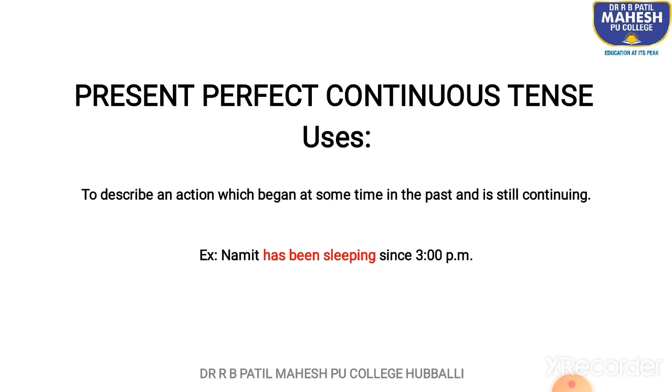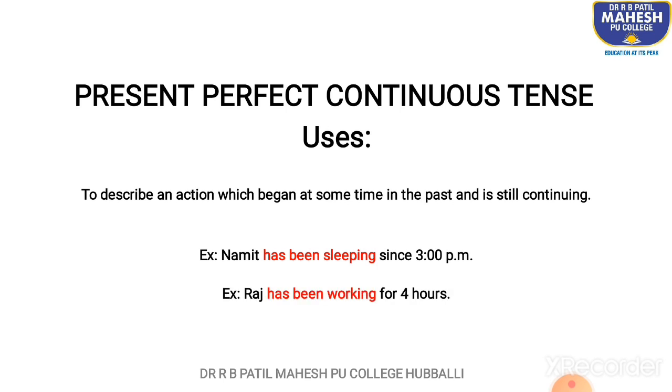So that forms the present perfect continuous tense. Example, I repeat, Namit has been sleeping since 3 p.m. He started sleeping at 3 p.m. and the action still continues. So that is what it means.